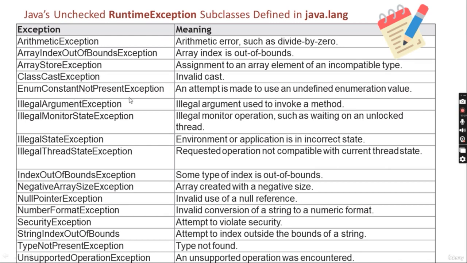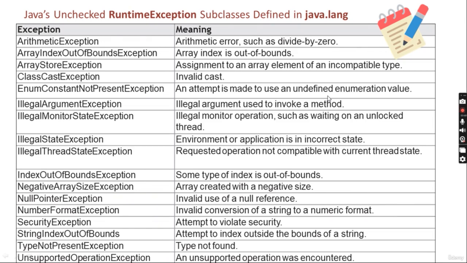EnumConstantNotPresentException, an attempt is made to use an undefined enumeration value. IllegalArgumentException, illegal argument used to invoke the method. So the argument is integer and you are passing float, or the argument is integer and you are passing string.